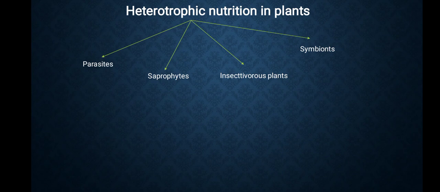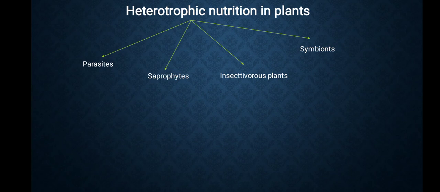Some common examples of parasites are viscum and cuscuta. Okay. What is a host, Prince? A plant or an animal that supports a parasite is called a host.